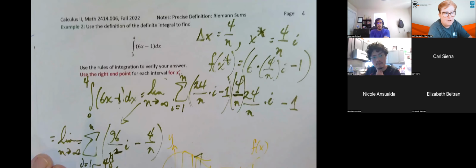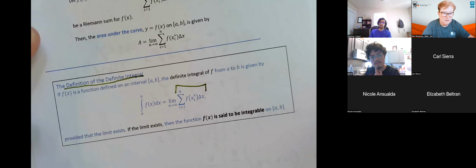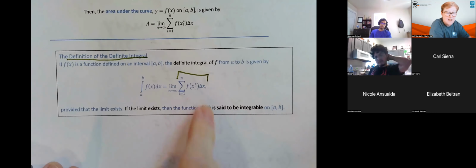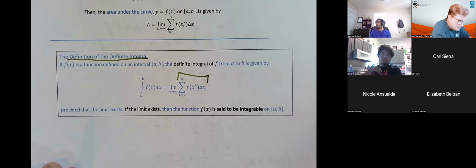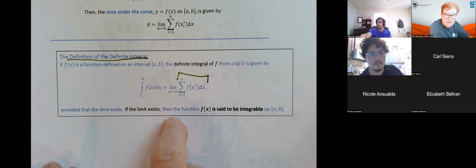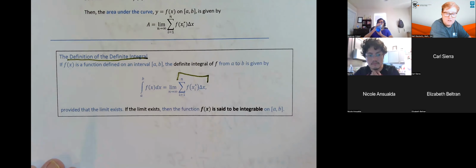But when I say use the definition, what I mean is use this definition, because that is how we're defining this thing called the definite integral: the limit as n goes to infinity of the sum from i equals 1 to n of f of x star dx.